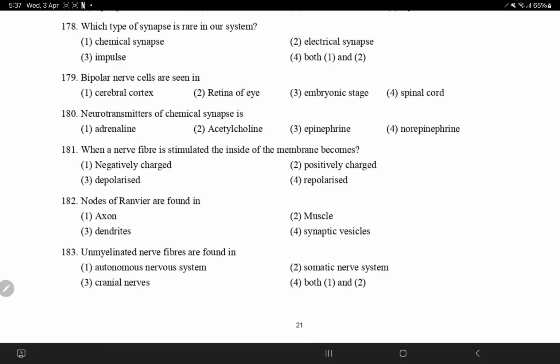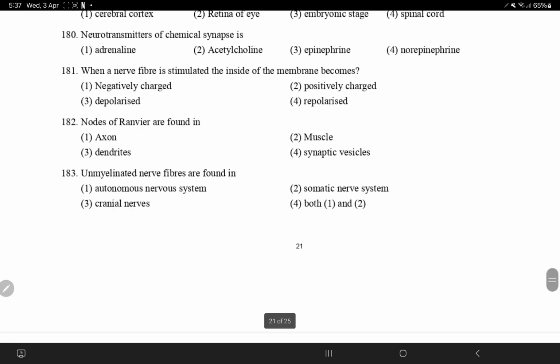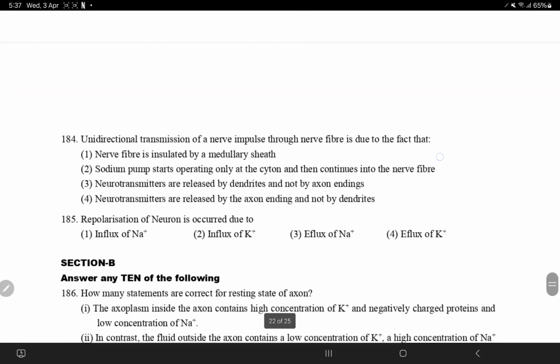Option 2. When a nerve fiber is stimulated, the inside of the membrane becomes positively charged. Option 2. Nodes of Ranvier are found in axon. Option 1. Unmyelinated nerve fibers are found in both 1 and 2, autonomic nervous system and somatic nervous system.